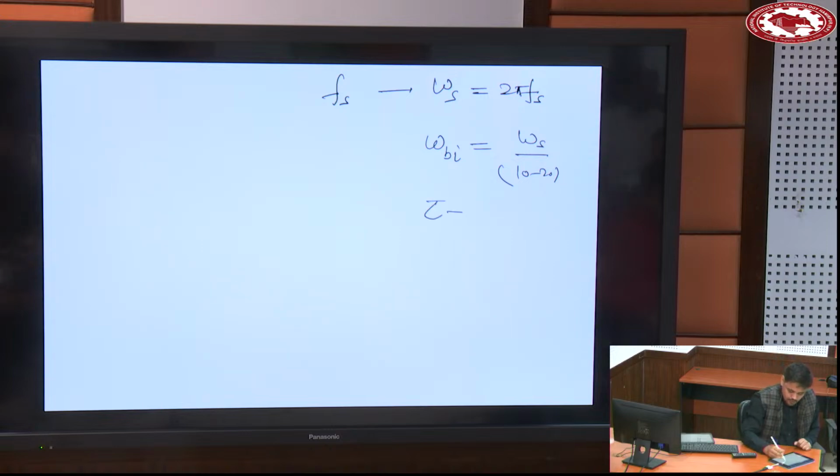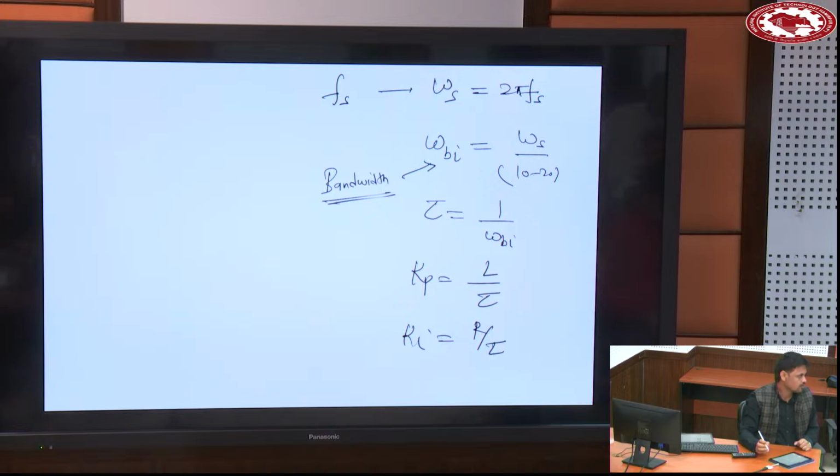And then tau will be 1 upon omega bi. Actually, omega bi is the current controller bandwidth, which will decide the speed. So this is bandwidth. So Kp will be L upon tau, Ki will be R upon tau.